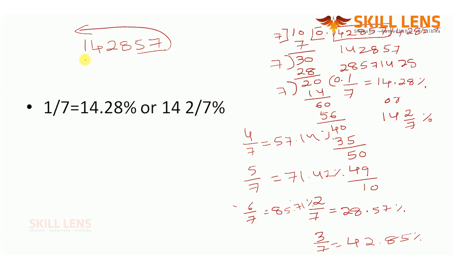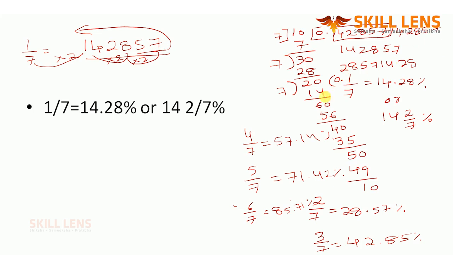So this is how you have to write all the fraction values to the percentage value of 1 by 7. The key point is that the values always lie between 142857. I'll tell you one trick to remember this. If you divide 1 by 7, you get 0 point something. 7 twos are 14, 14 twos are 28, 28 twos are 56 actually, but remember it as 57.